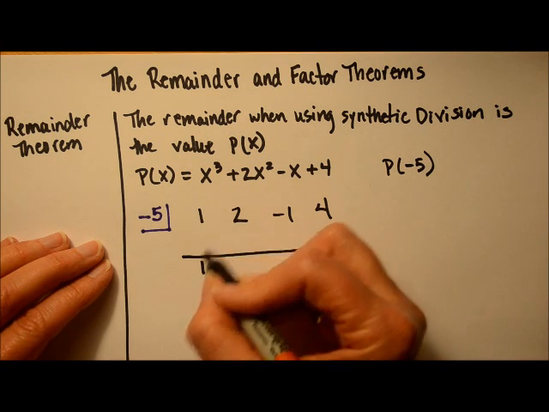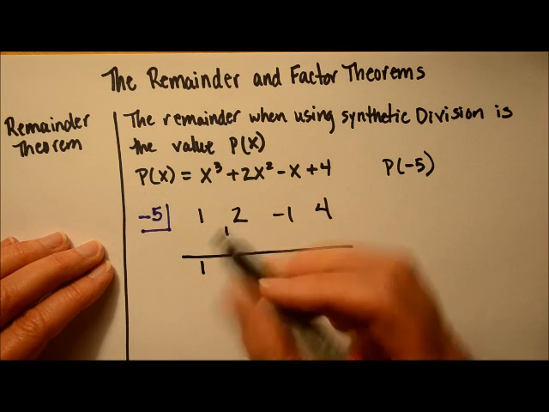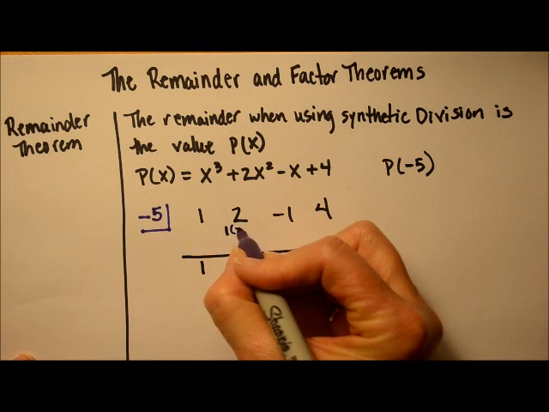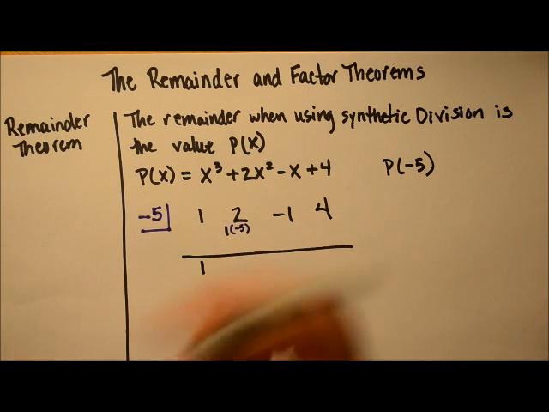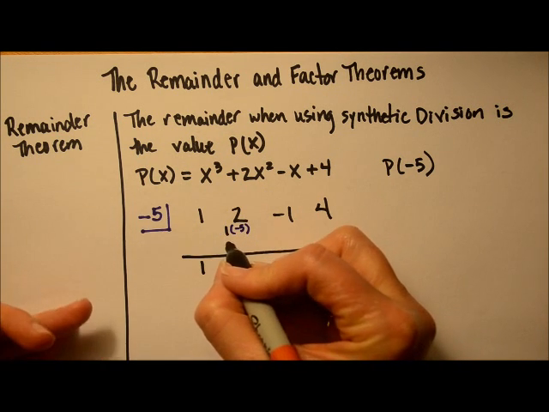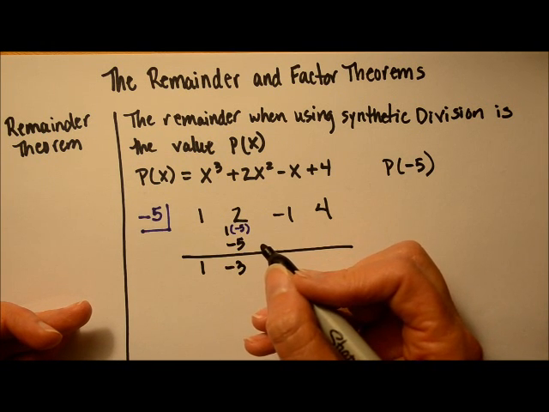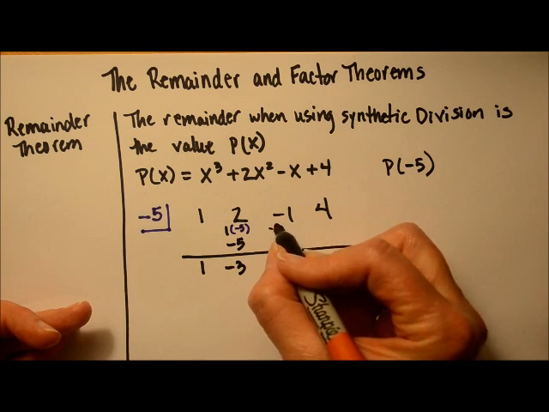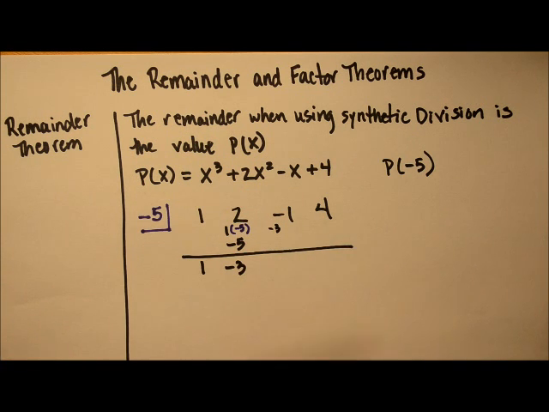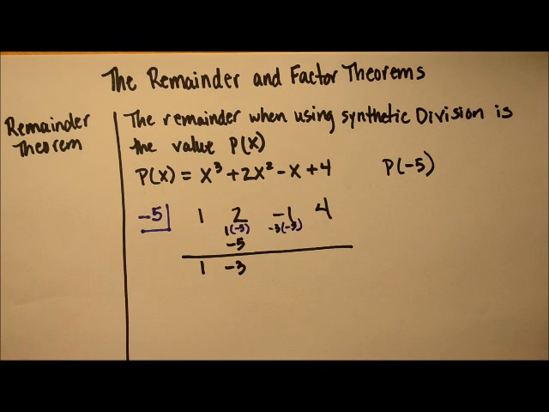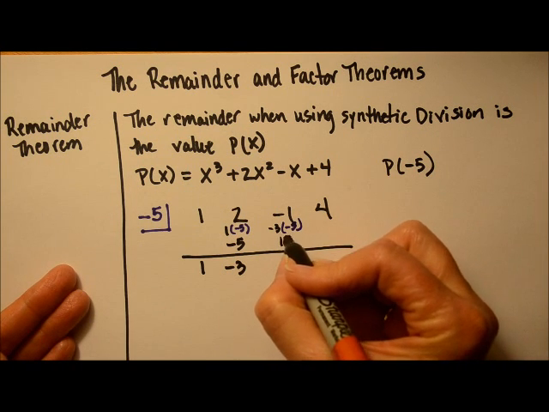And then I have 1, and I don't know if I still need to do this for you or not, but here we go, just in case. 1 times negative 5 gives me a new number, and it's negative 5. I'm going to add down, I have negative 3. Then negative 3 times negative 5, that number for C, and I get a new number, and it's 15.